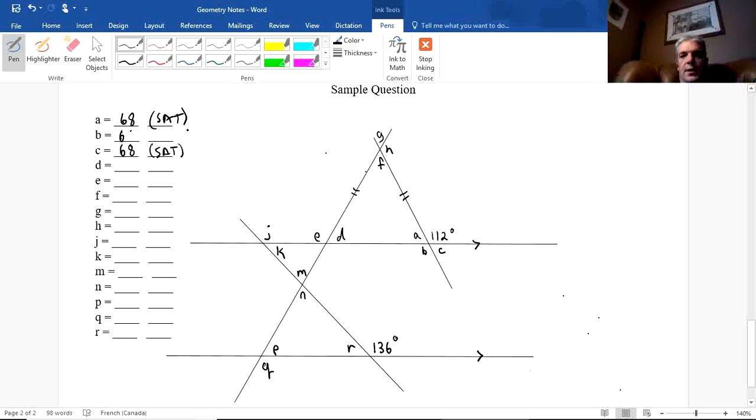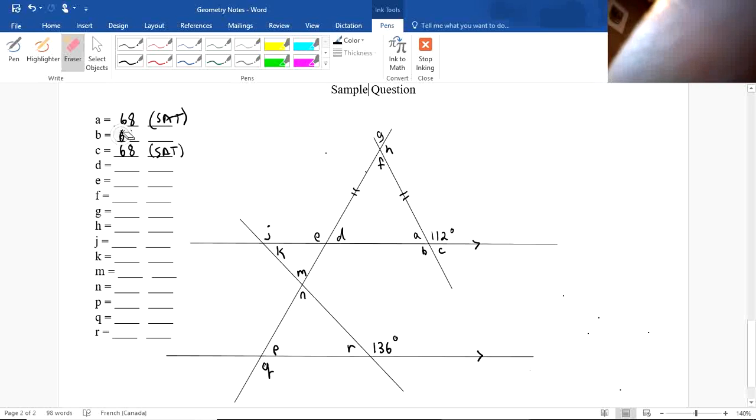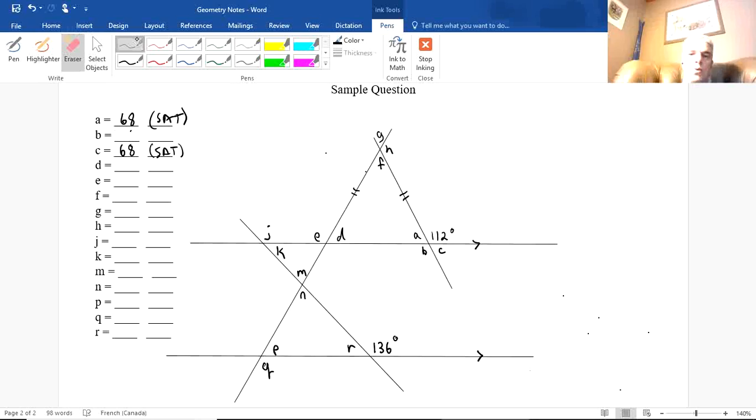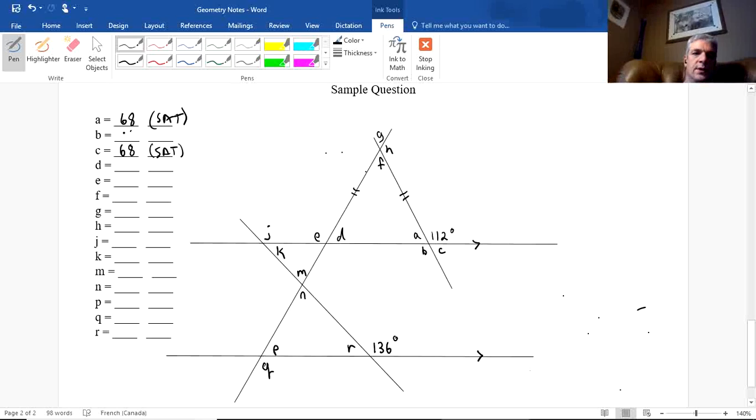And B would be 112, okay? And the reason it's 112 is the opposite angle theorem because it's opposite 112. So 112 and then OAT. You don't have to put them in brackets. It's a habit of mine that I always put the theorem in brackets behind because it's sort of like just an add-on. But if you just want to write it in full, you can.